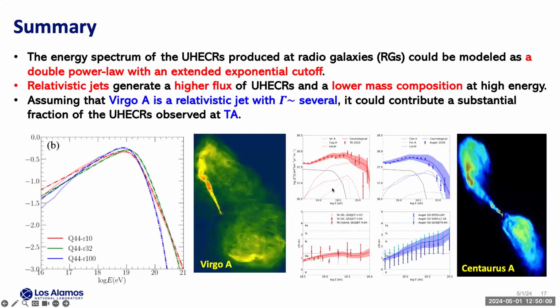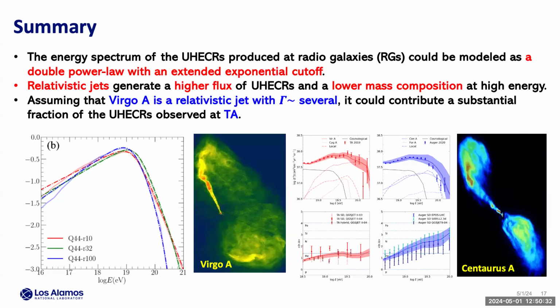Let me summarize my talk: ultra-high-energy cosmic rays can be generated through jet acceleration from the relativistic jet of the radio galaxy, and the relativistic jet generates a higher flux of ultra-high-energy cosmic rays with a lighter mass composition.